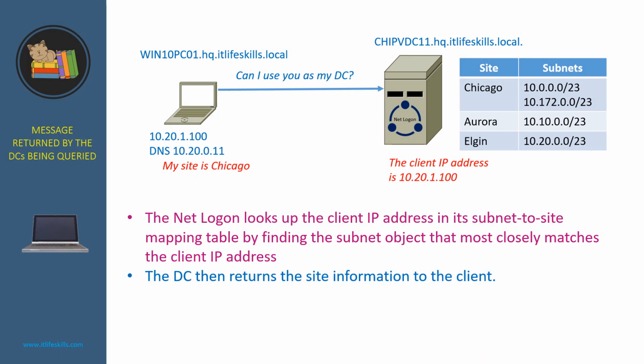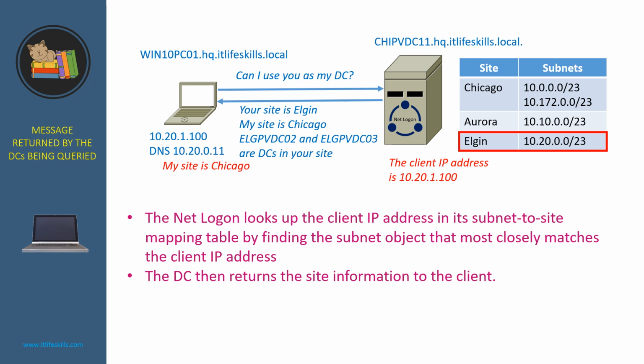The Netlogon service looks up the client IP address in its subnet to site mapping table by finding the subnet object that most closely matches the client IP address. The DC then returns the site information to the client, and here is the message. It informs the client that the client site is now Elgin and the DC site is Chicago, and LHPVDC02 and LHPVDC03 are the domain controllers in the client site.